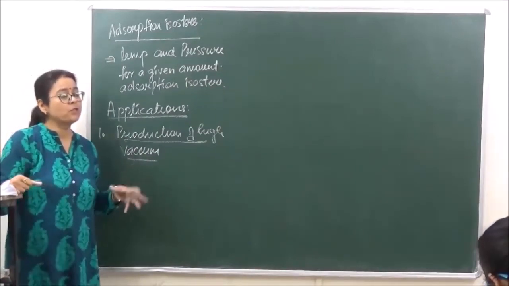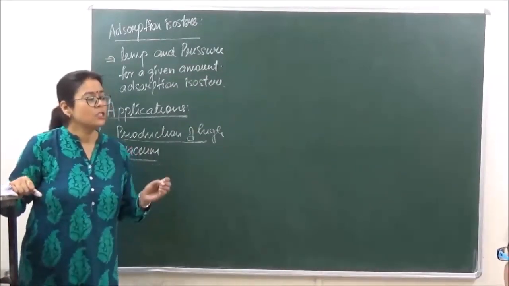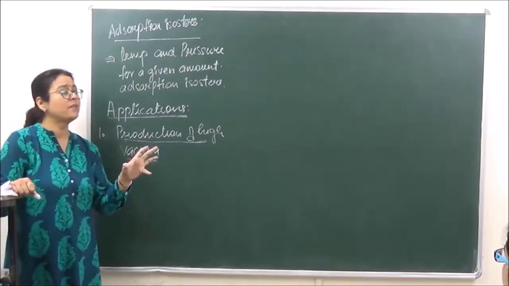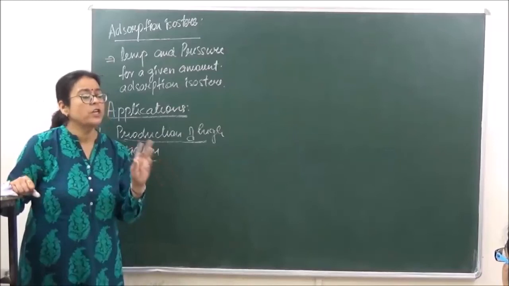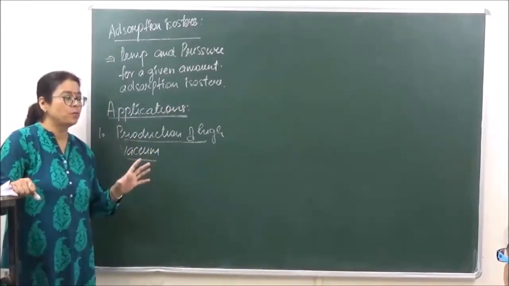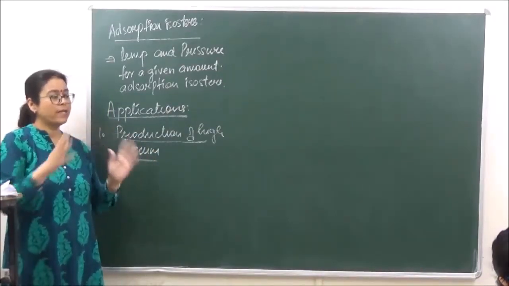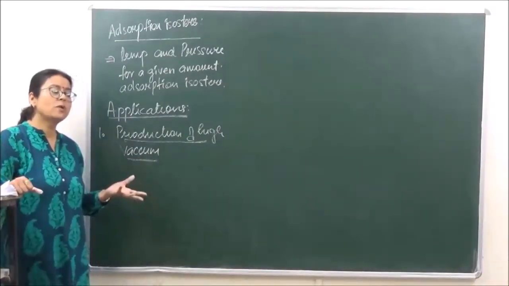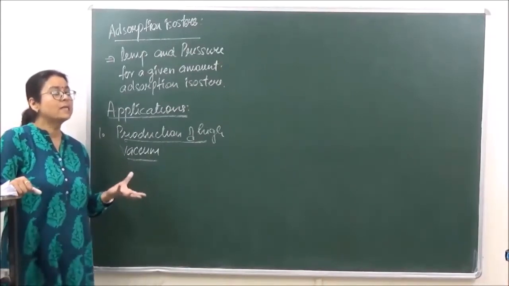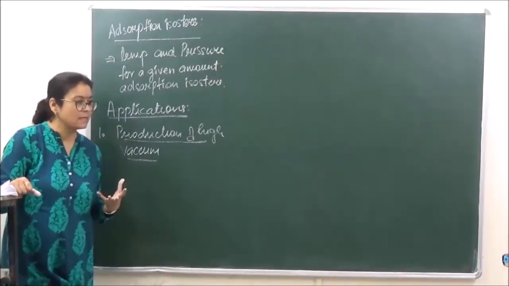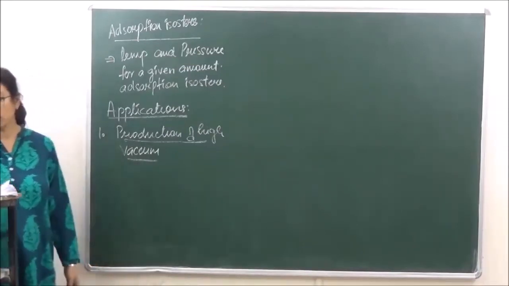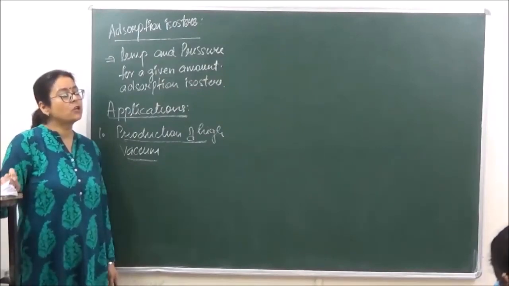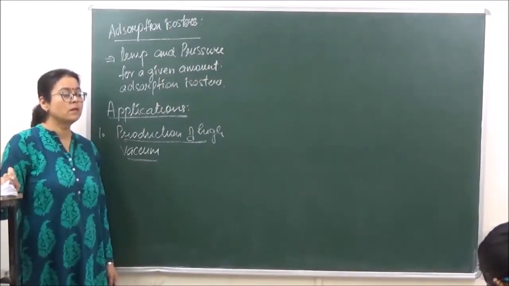The purpose of this charcoal is that it will absorb all the remaining air in the vessel, as a result of which it is going to create a high vacuum. We have already evacuated the container totally and connected it to a piece of charcoal. Charcoal has a property to absorb certain gases, so it is going to absorb the remaining traces of air, as a result of which it produces vacuum in the beaker.